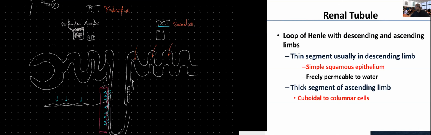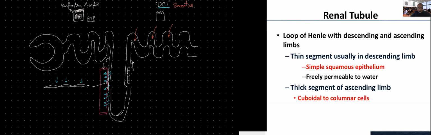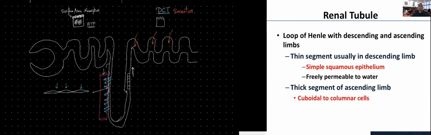So again, which part of the kidney tubules is going to be responsible for absorption? Proximal convoluted tubules or distal convoluted tubules? How about secretion? Which one is going to be responsible for secretion?